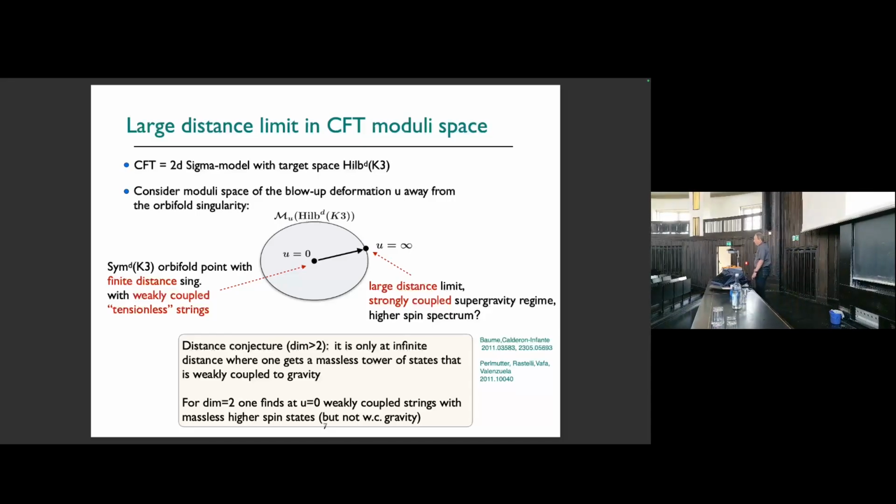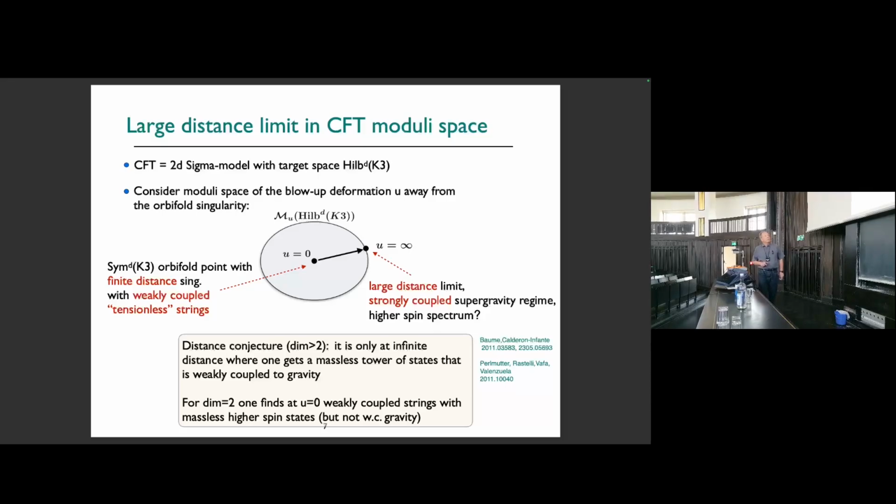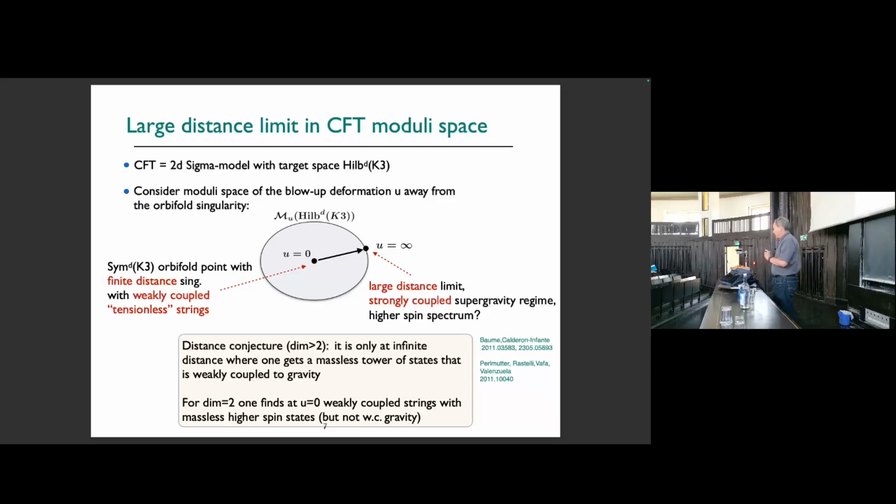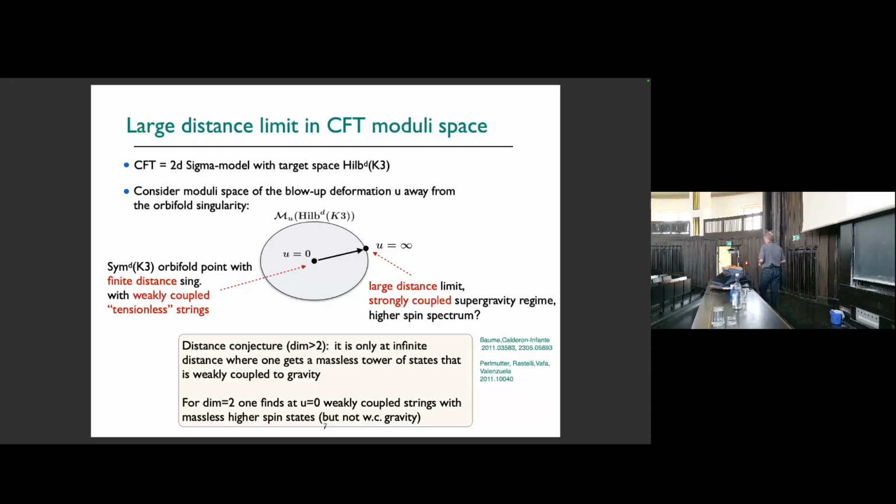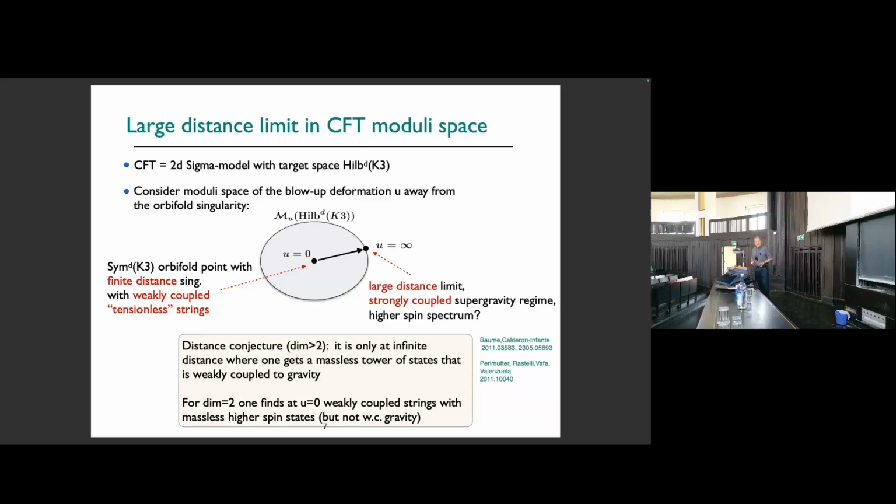These theorems typically apply for dimensions larger than 2, so in 2 dimensions it's a bit different, so there might be some loopholes, but nevertheless it's sort of a bit puzzling that you find it at U equals 0, at the center of the moduli space, a weakly coupled string which has a nice perturbative genus expansion with an infinite tower of higher spin massless fields, despite being at short distance.